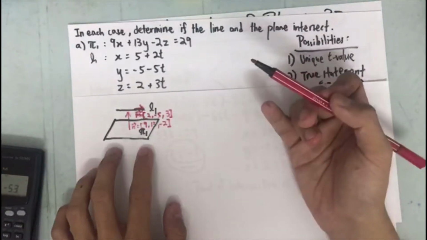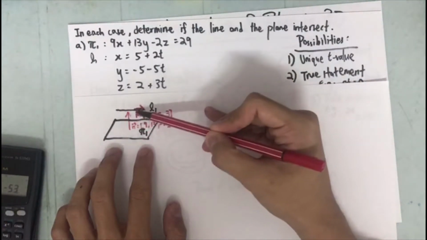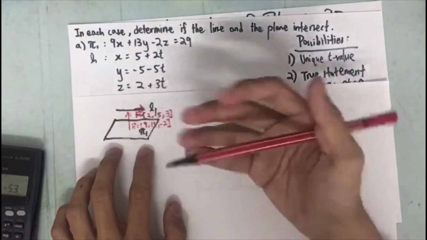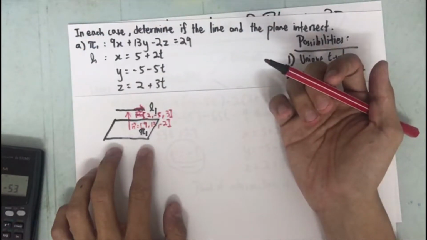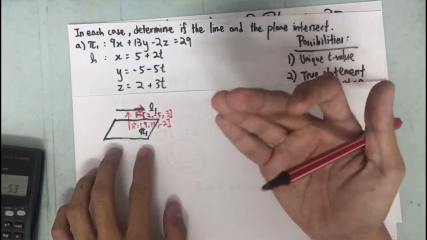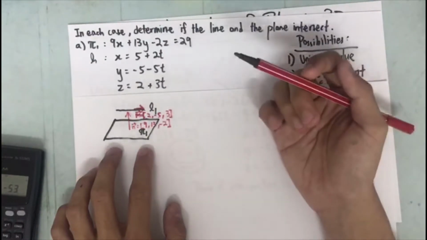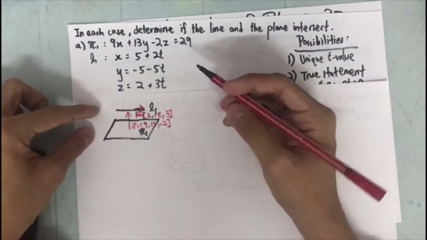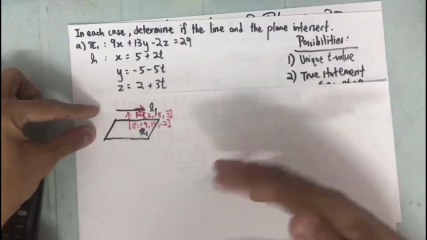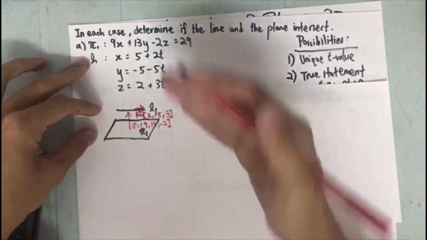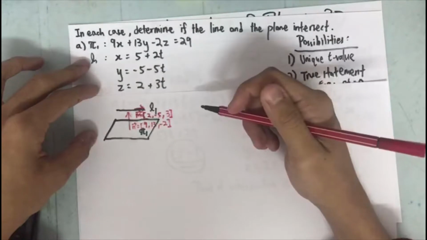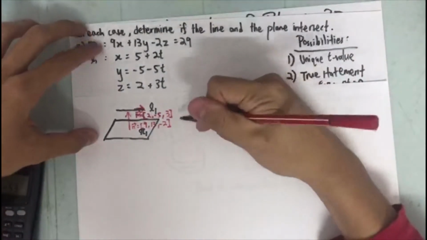There is no other way. And if they are not perpendicular, they are not parallel. They are vectors, so we can actually use the dot product to check whether they are parallel or intersecting.